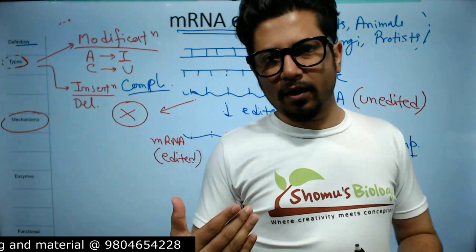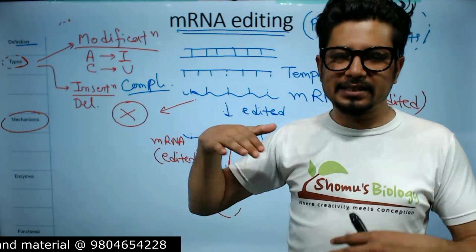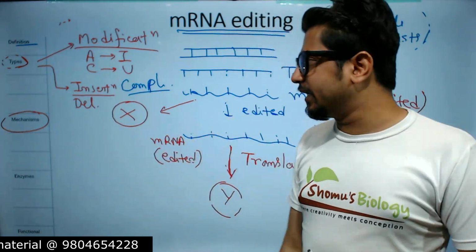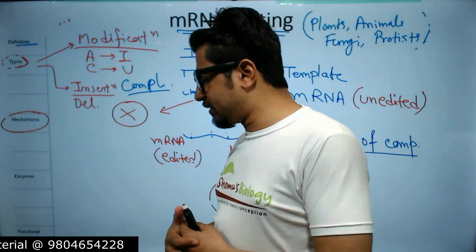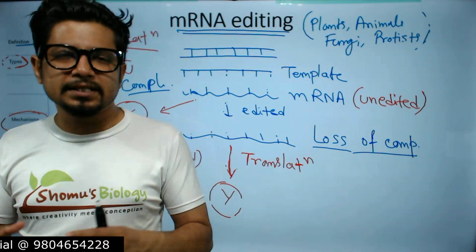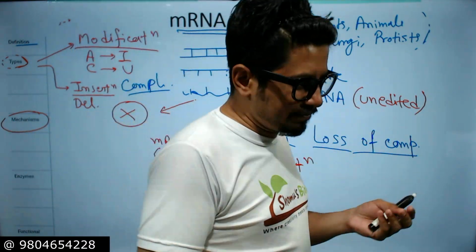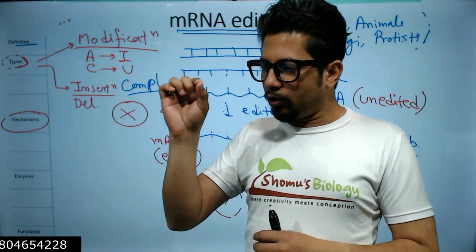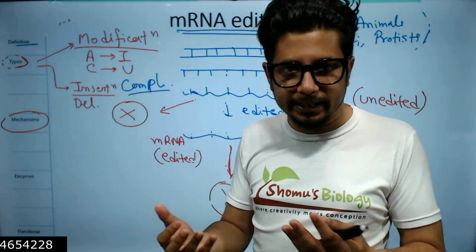We'll see the process of RNA editing in action, the steps in detail, in the next slide. But here we'll talk about the mechanism of RNA editing. The mechanism is fairly simple: we have specific enzymes activating in the process of RNA editing. Those enzymes will act on locations of the RNA which need to be edited.